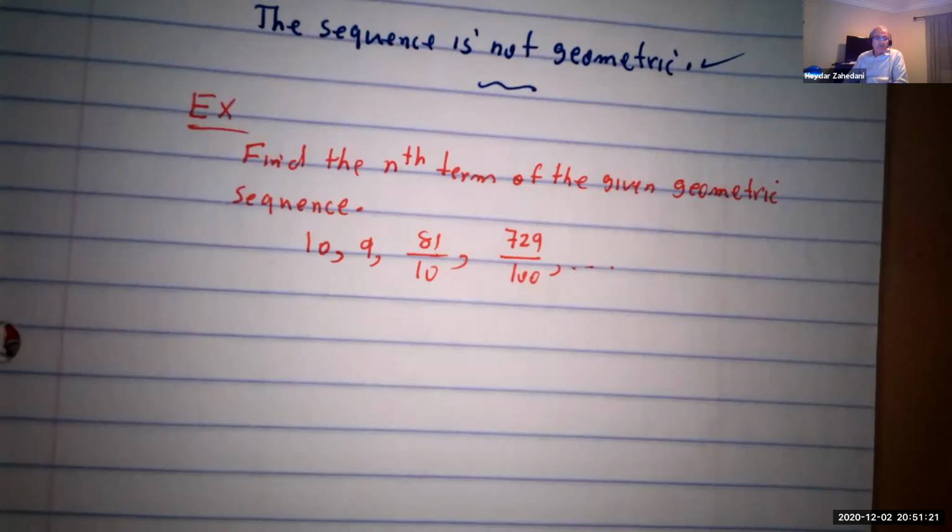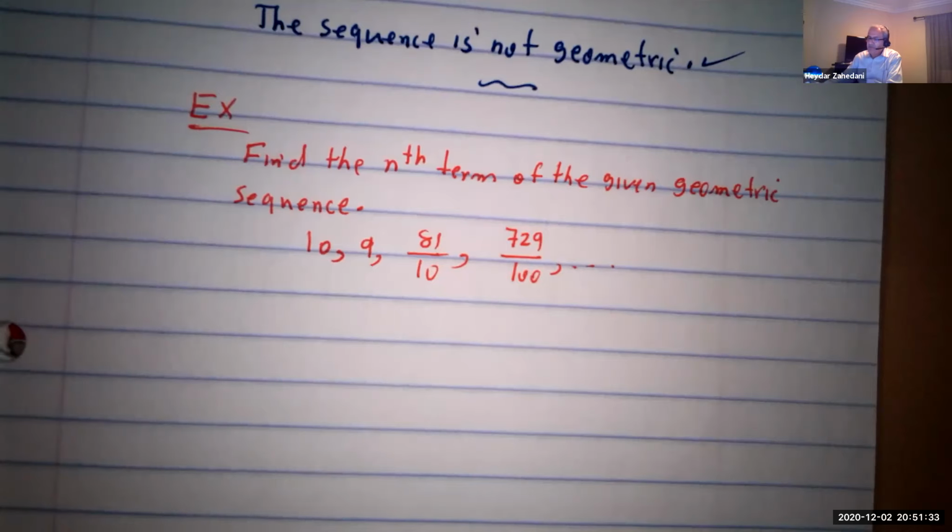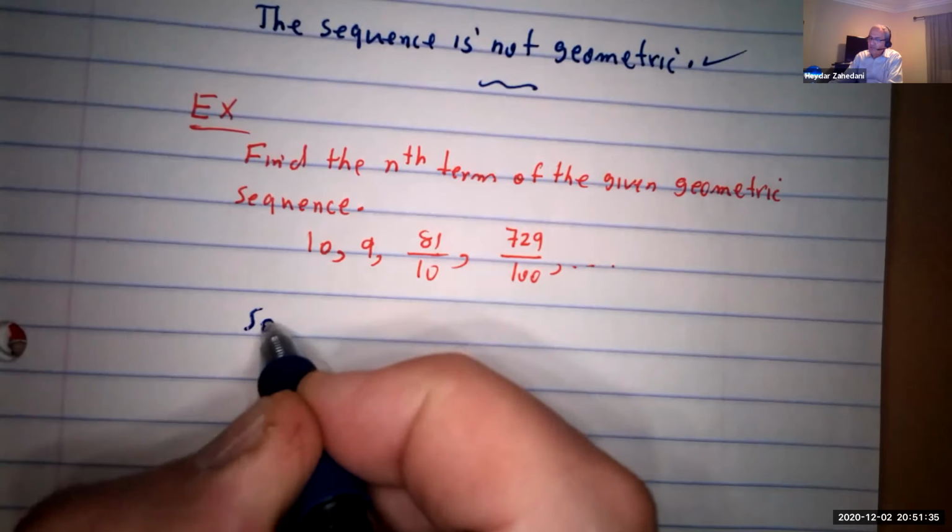So you want to know what is going to be now the nth term of the sequence, or sometimes they may ask for a specific one. So what you are going to do is the solution.